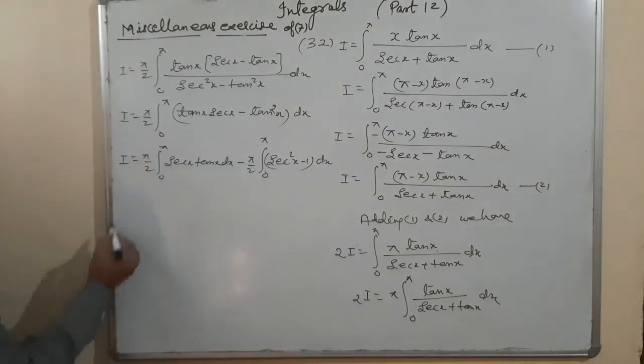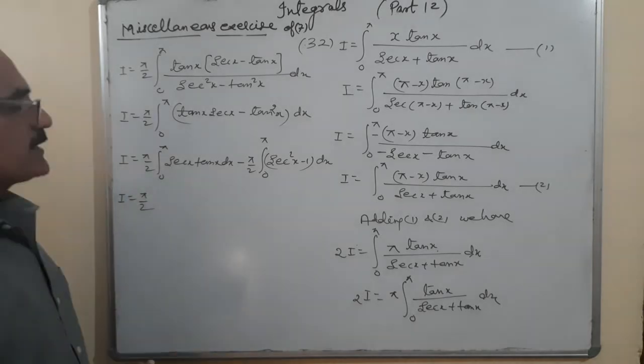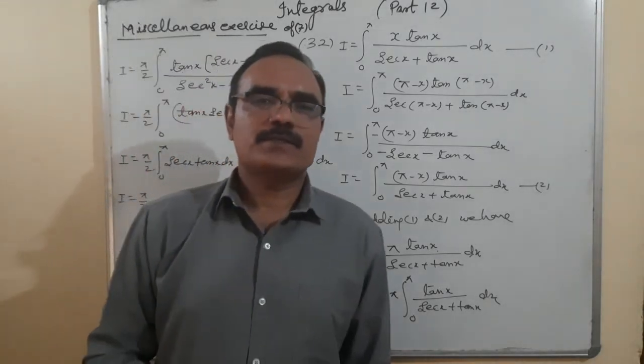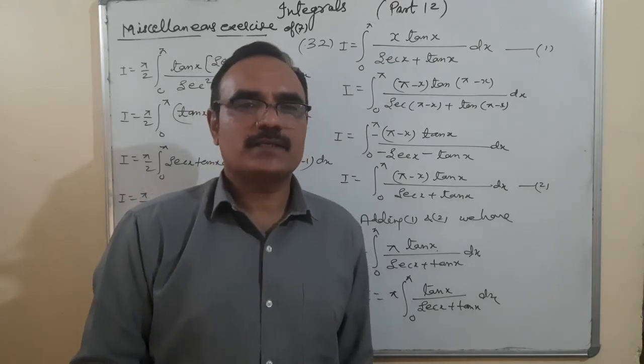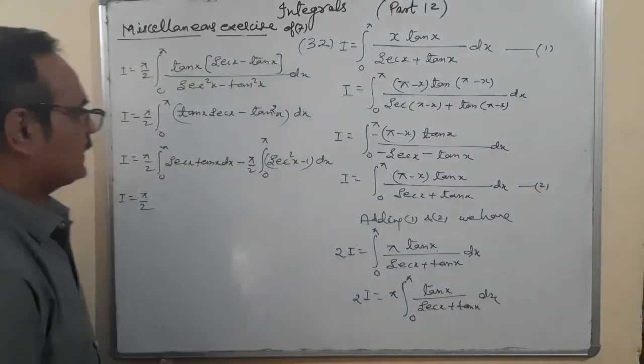Okay. I is equal to pi by 2. What is the integration of sec x into tan x? Because the differentiation of sec x is sec x into tan x, therefore the integration of sec x into tan x is sec x.